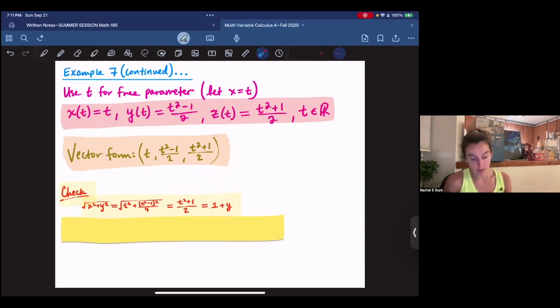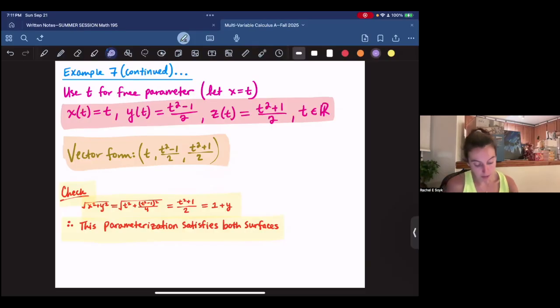And so this indeed does work. So we have that this parameterization satisfies both surfaces. And we're done.